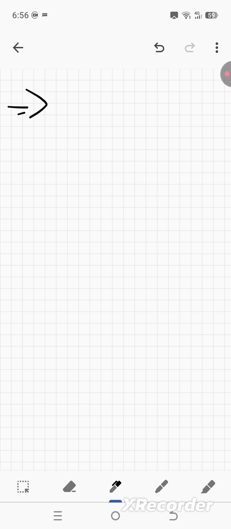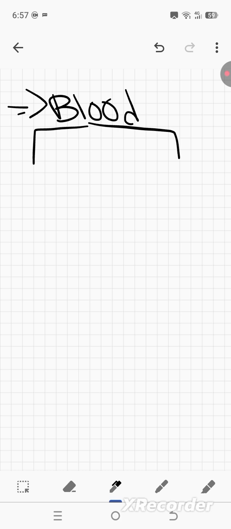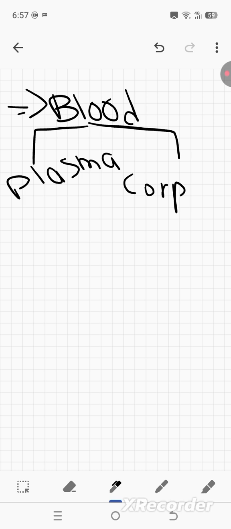We all know the basic and main element of the circulatory system is blood, and the blood consists of two parts. The two parts of blood are number one plasma and number two corpuscles. Right now our focus is just to have an overview.